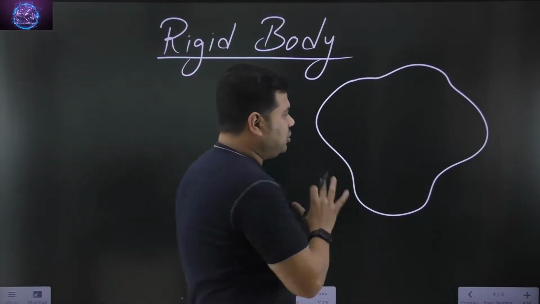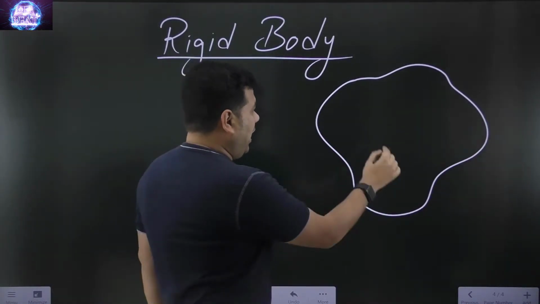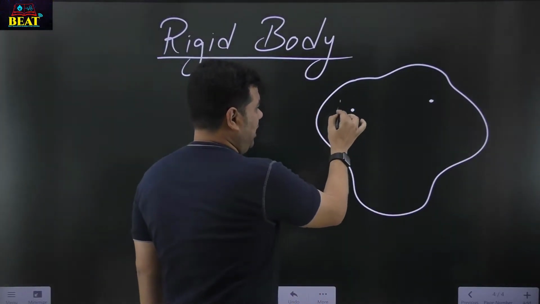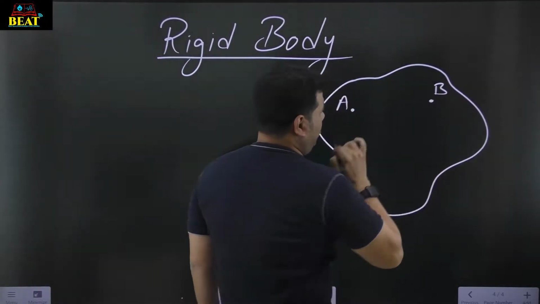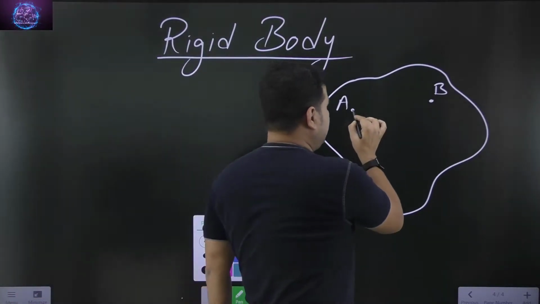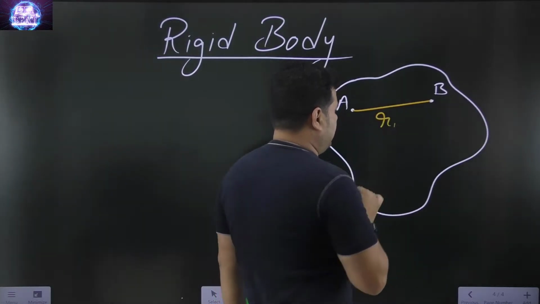Suppose this is a three-dimensional body of arbitrary shape, and it has two points, let's say the point A and the point B. And my dear students, the distance between them is R1.